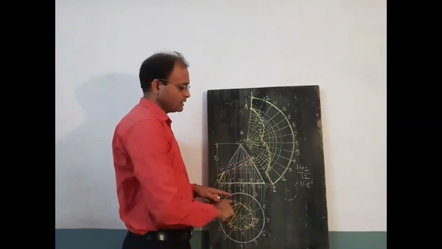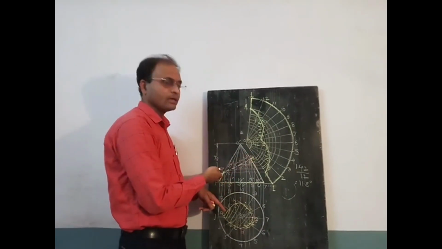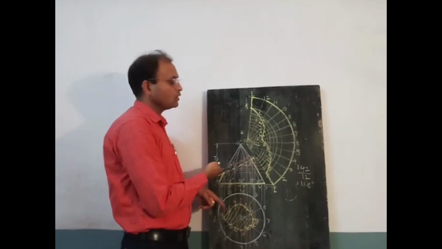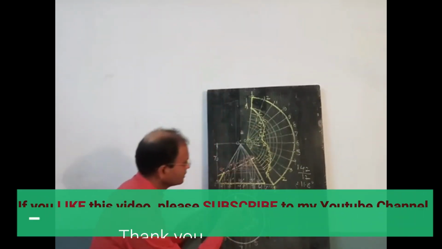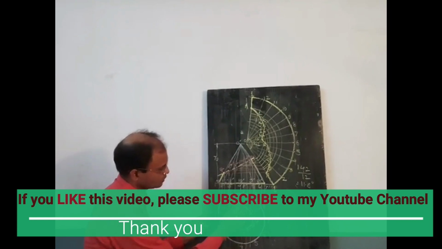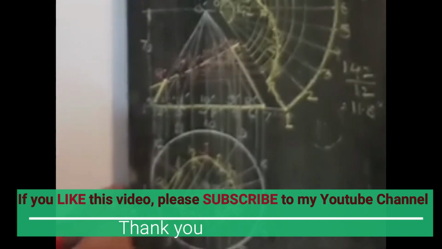So this way we have completed projections of the cone when it is cut by an AIP making 30 degrees with XY or with HP, and its development. Finally we have to show the diameter of its base circle.